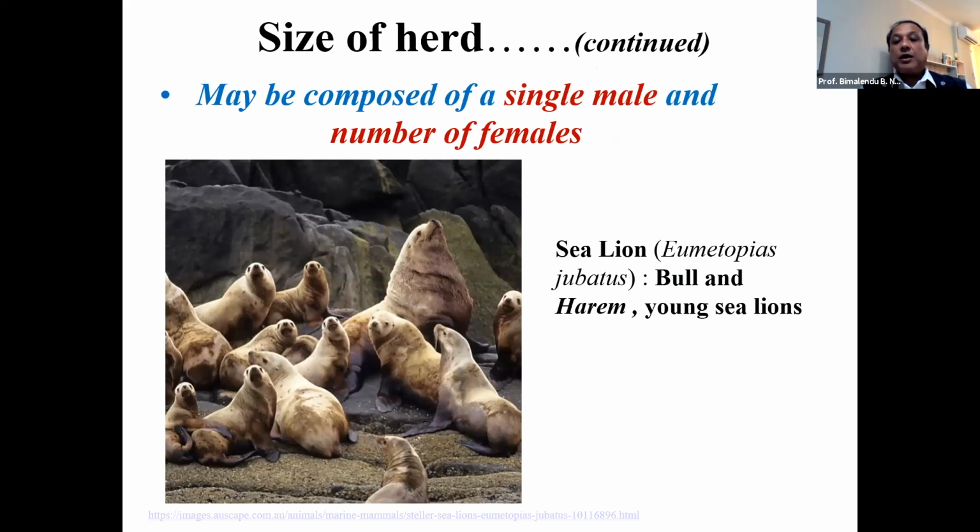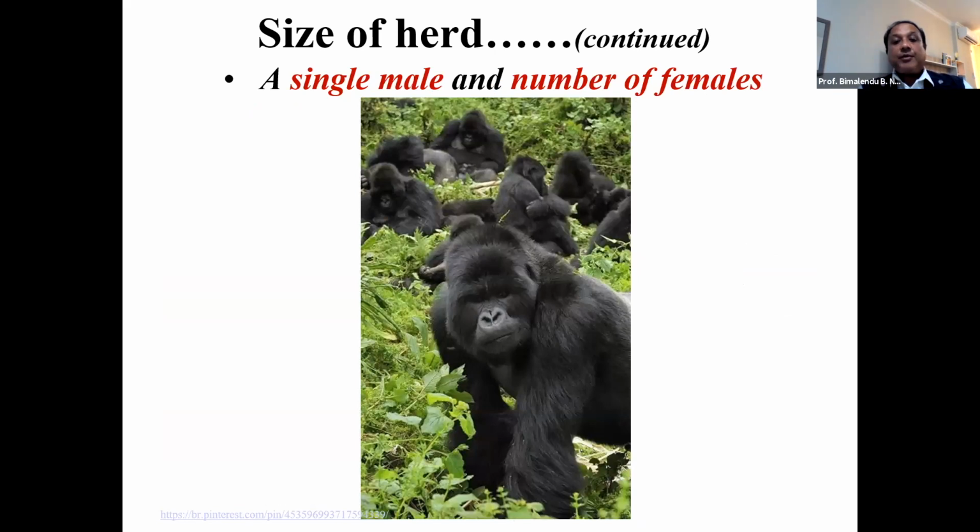So with the sea lion, you can see the bull and the harem. Here, there's one alpha, a single male, and a number of females. So that makes a kind of herd, a group. You can see a single male and a number of females also in many of the primates, like chimps.